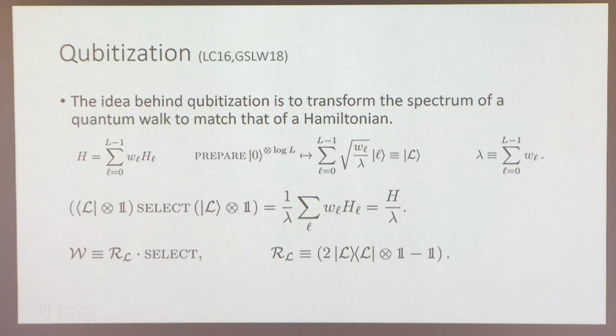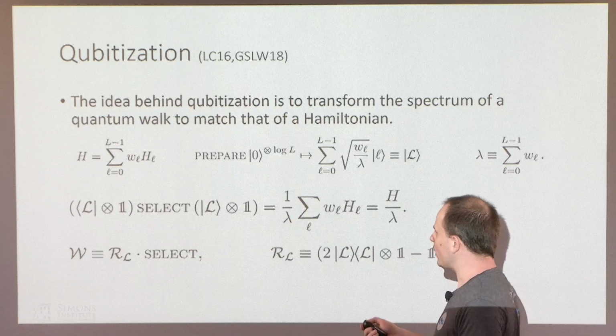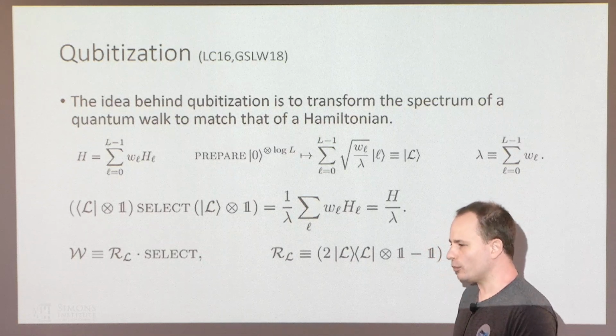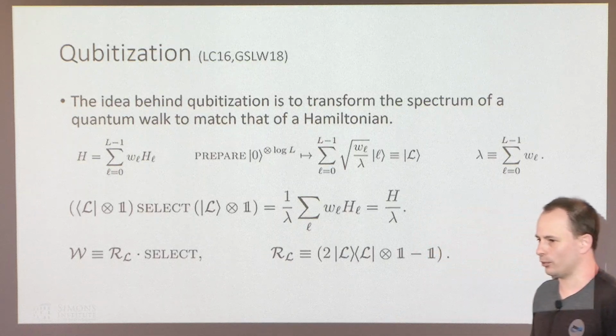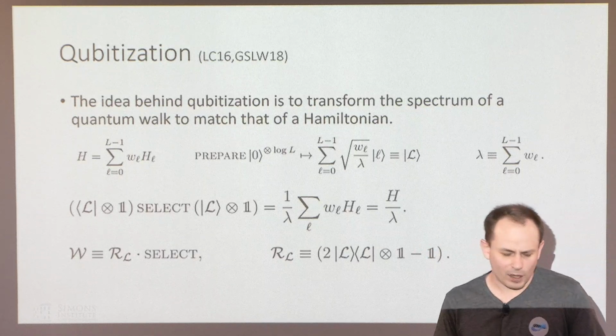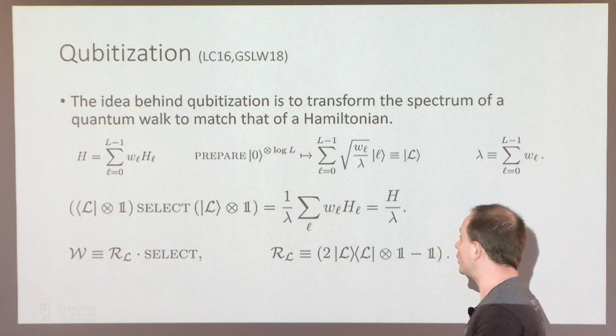So basically, what we want to do in this context boils down to a lot of intuition that Andrew had in one of his earlier papers, which is the fact that quantum walks are equivalent to Hamiltonian simulation.